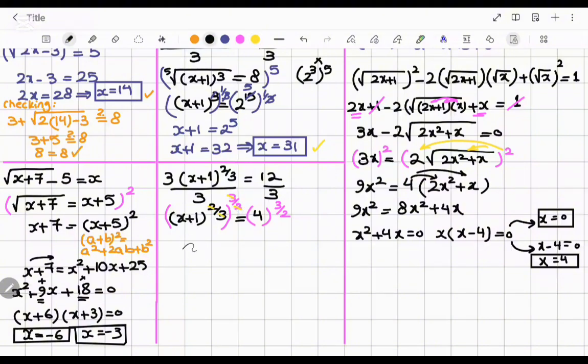But when I bring this out, I'm going to put this in an absolute value function, okay? And let me write this, and then I will explain why I did that. 4 is 2 to the power of 2, and to the power of 3 over 2, these will get simplified, and it's just going to be 2 to the power of 3, which is going to be 8.